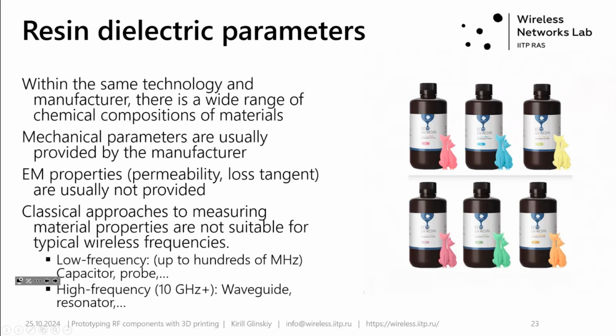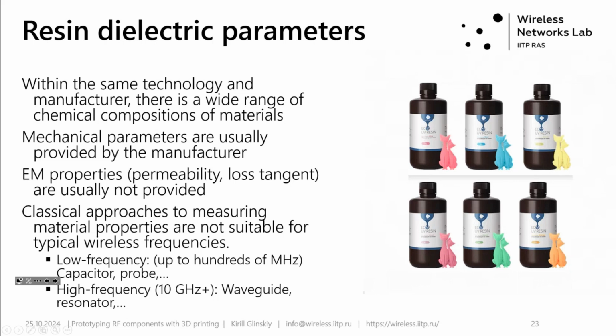Additionally, while there are a lot of standardized approaches to measuring these parameters, they are not suitable for the typical frequencies used for RIS. Those methods either aim at lower frequencies, up to hundreds of megahertz, such as the capacitor methods, where we sandwich the 3D printed material between two flat sheets and measure its capacitance; or the probe methods, where we use the 3D printed part as a probe for estimating its resonance characteristics; or there are very high frequency ones, working at 10 GHz and beyond.